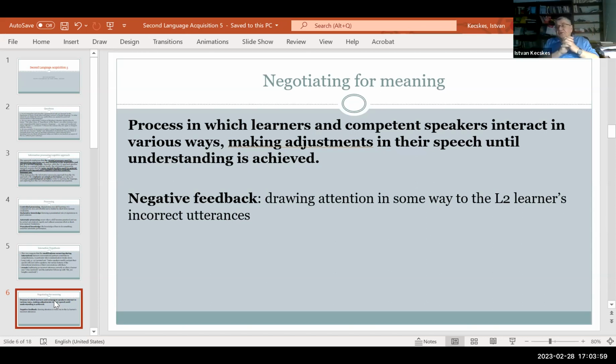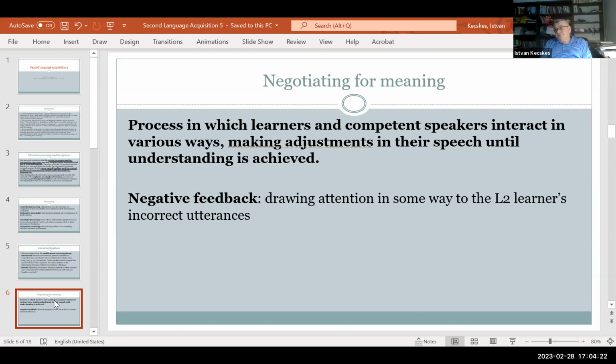This is also in one way or another a truism, because definitely when we communicate and we notice that our partner doesn't understand something, then we try to paraphrase it, we try to negotiate it, we try to say it in a different way, and the back and forth results in basic understanding.